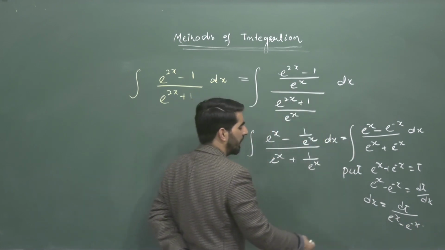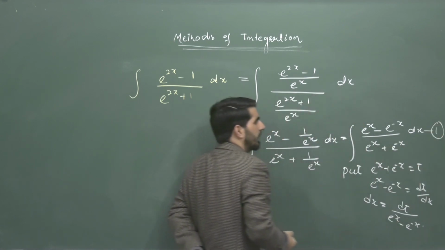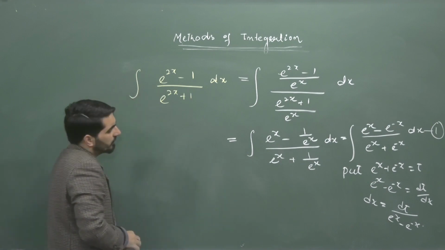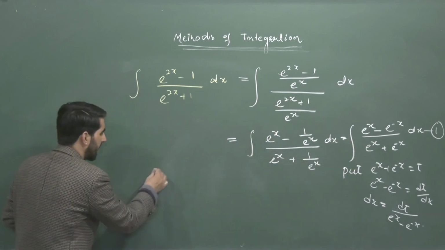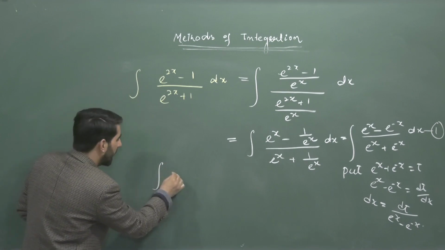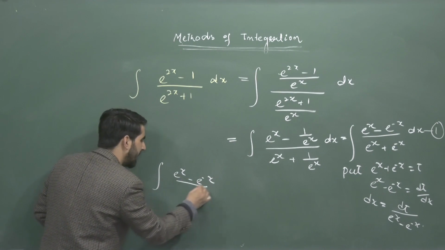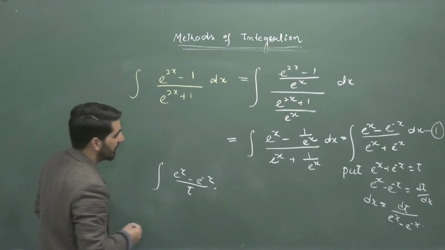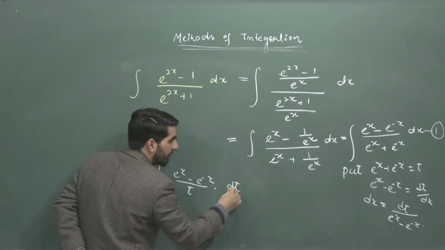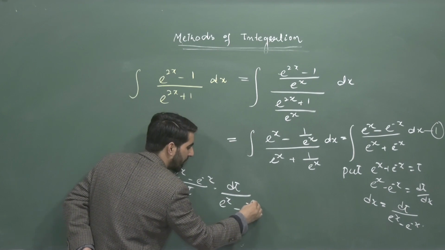So substituting these values in the first, we will get the integral of (e^x − e^(−x)) divided by t into dx, that is dx is dt divided by (e^x − e^(−x)).